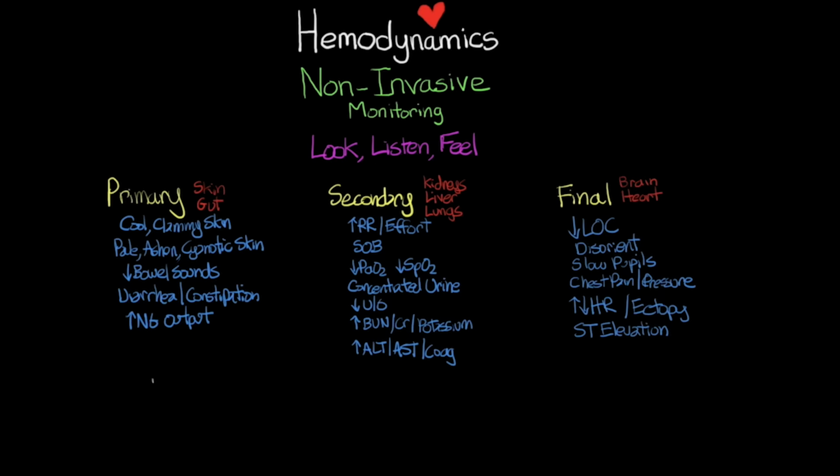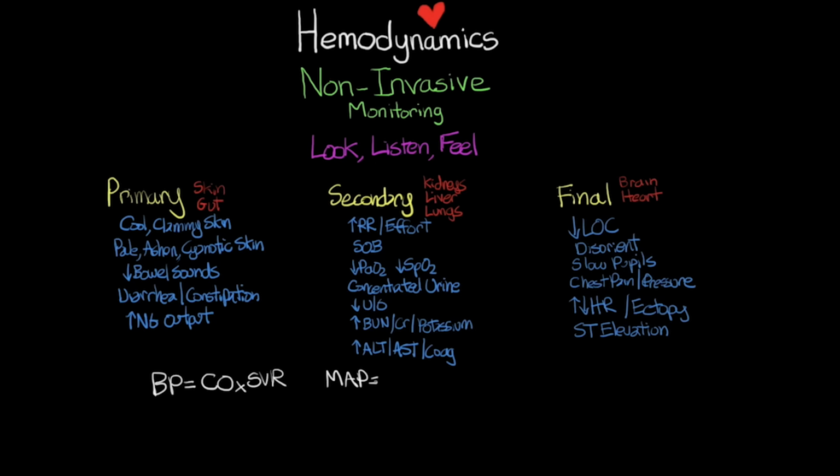And our blood pressure is simply a combination of our cardiac output and our systemic vascular resistance. And that's how our blood pressure is calculated out. The important number that we look at with our blood pressure is going to be our mean arterial pressure.